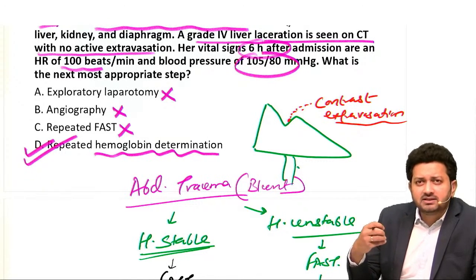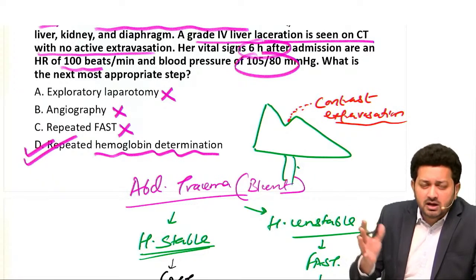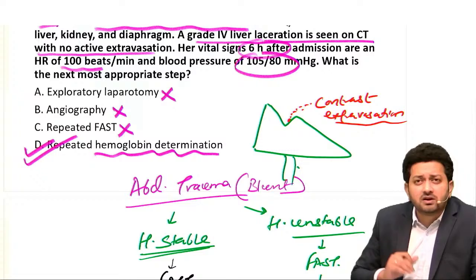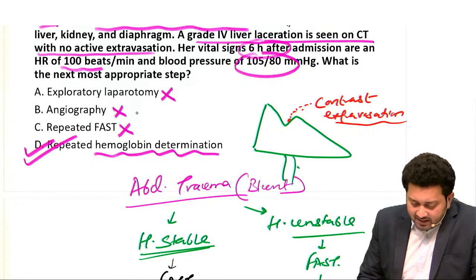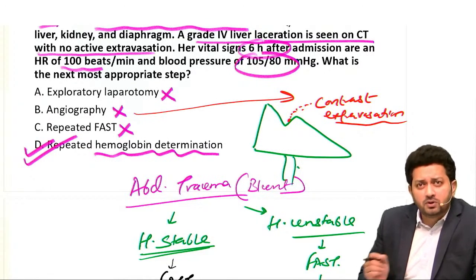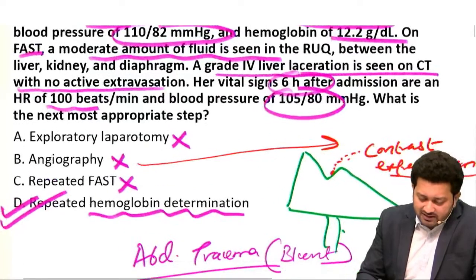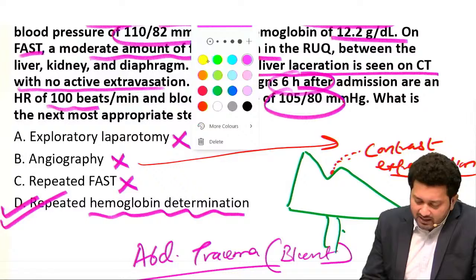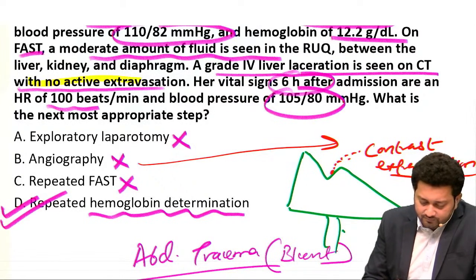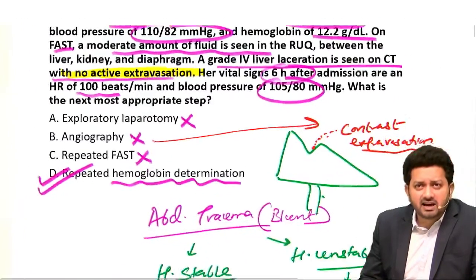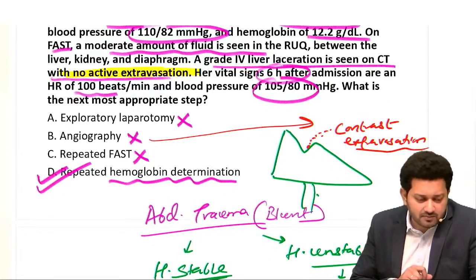The contrast dye given through the vascular system is leaking from one area, meaning the vessel is not intact. In this case you go for angiography. Here the question clearly says no active extravasation. Suppose they write there is extravasation, then angiography would have been the answer.